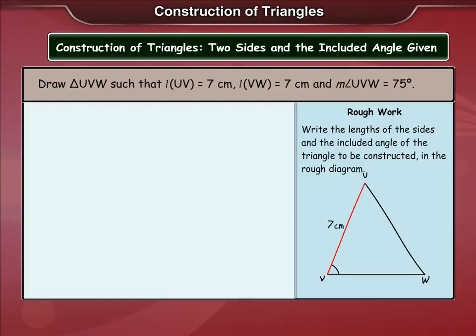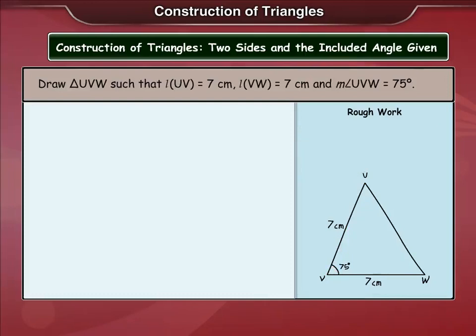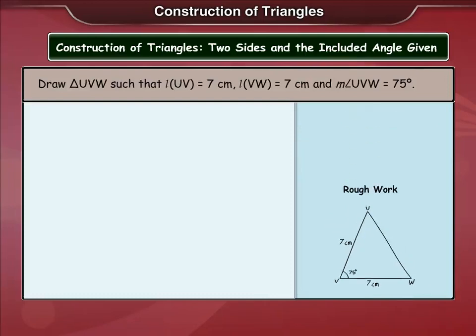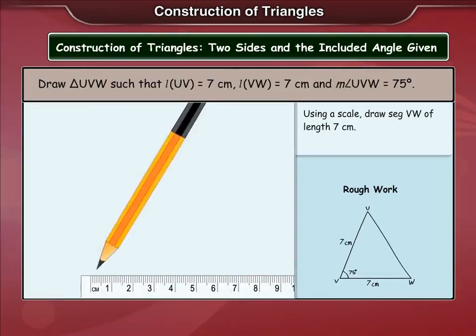Taking point V as center and a radius of 7 centimeters, draw an arc that intersects ray VX at point U. Join point U and point W. The required triangle UVW has been constructed.